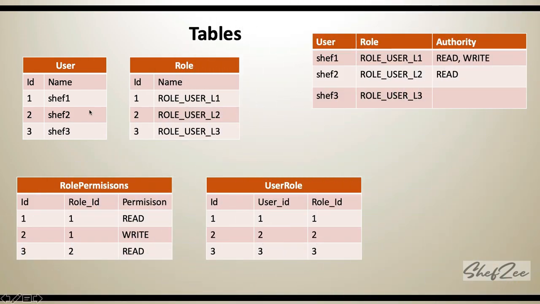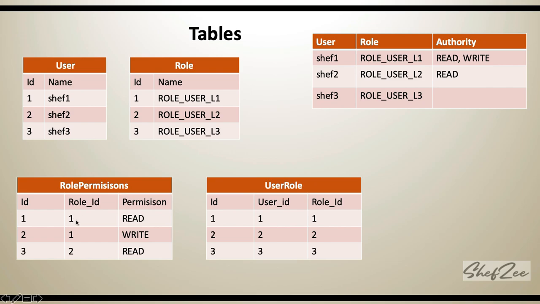See, these are the tables required for it. So we'll have a user table where we will maintain the number of users, and there's a role table where we'll have the roles, and then you will have a role permission table where you will have the permissions mapped against each role.